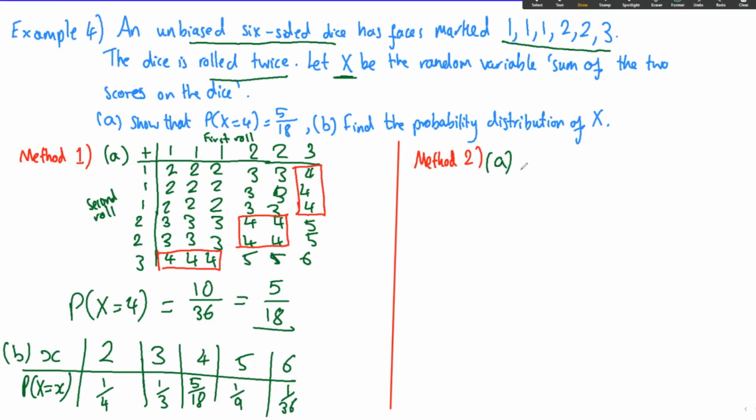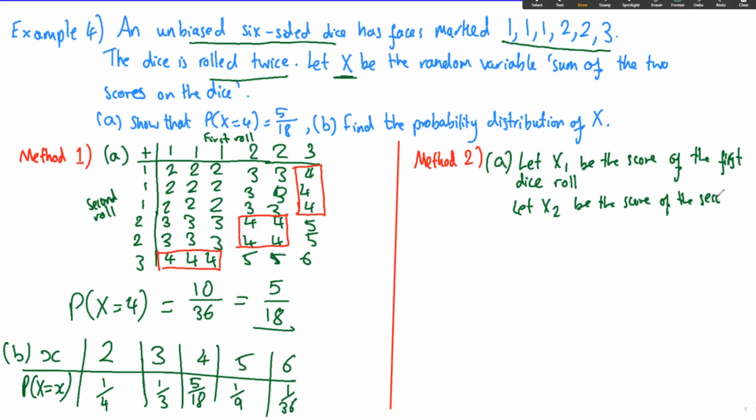So we can say let x1 be the score of the first dice roll. Let x2 be the score of the second dice. I should have probably said that they're random variables as well. Okay, so now we have these 2 new random variables.